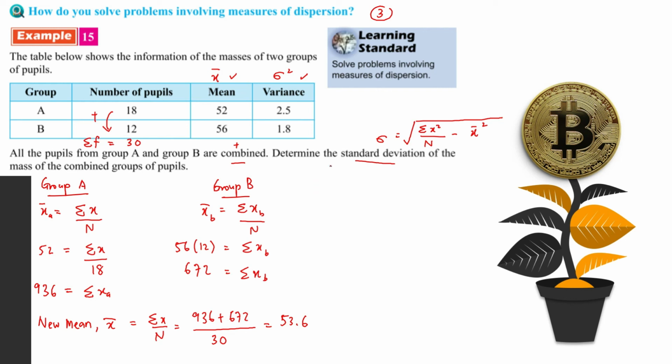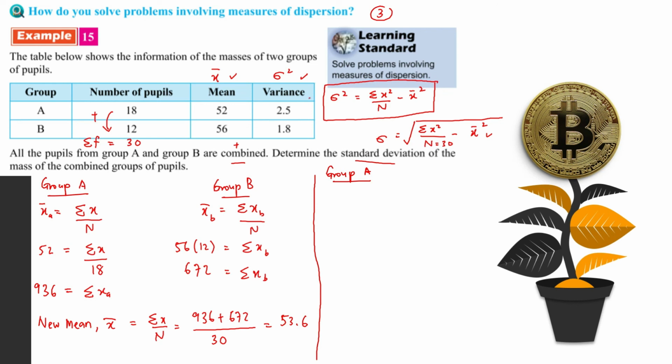And then we must calculate. Because here we only just learned that n is 30. This one we already know, the mean here is 53.6. But we want to find the sum of every set of data. So group A, now the variance. So this is the formula.